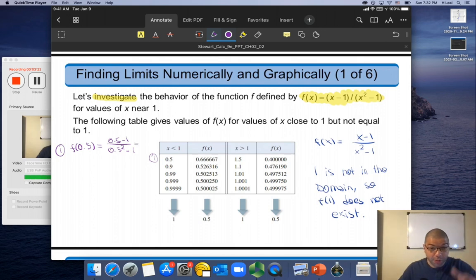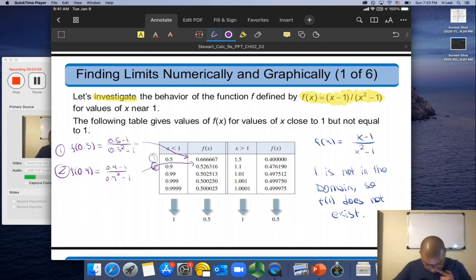If I plug that into a calculator, that's going to be 0.6667. I got 2/3. But that's not what I want. 0.5 is pretty far from 1 still. So maybe I choose 0.9. I calculate f of 0.9, which is 0.9 minus 1 over 0.9 squared minus 1. Plug that into a calculator, and what I get is my second approximation.